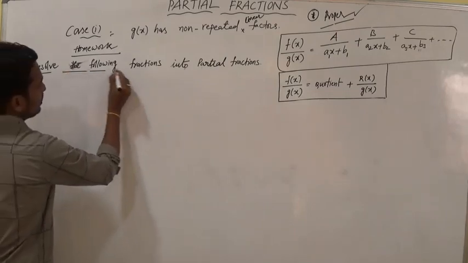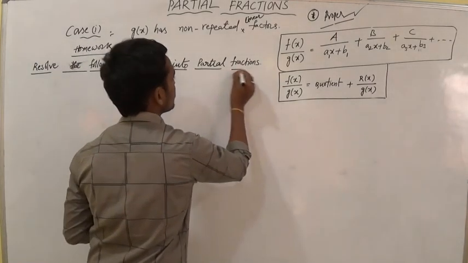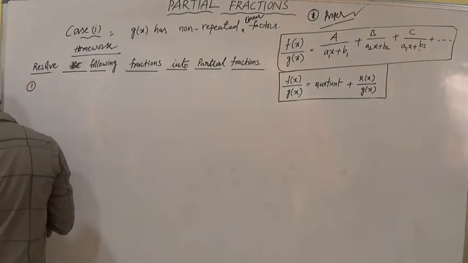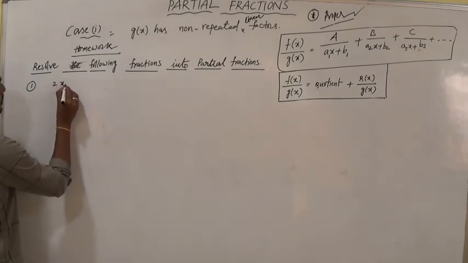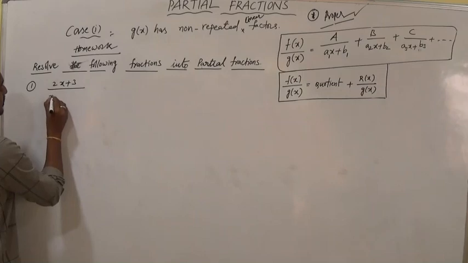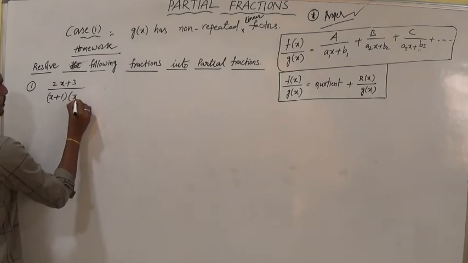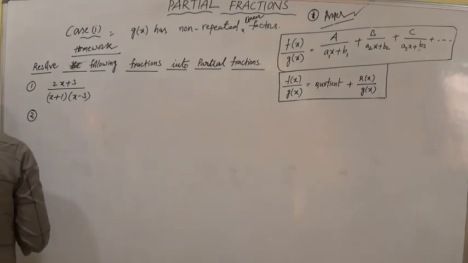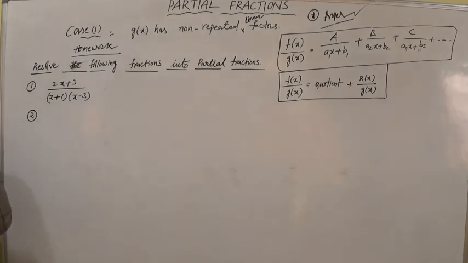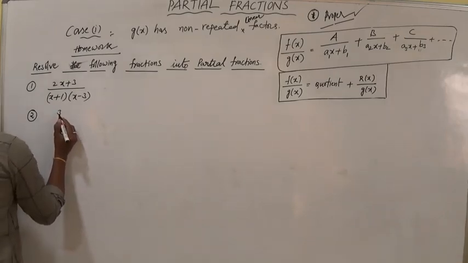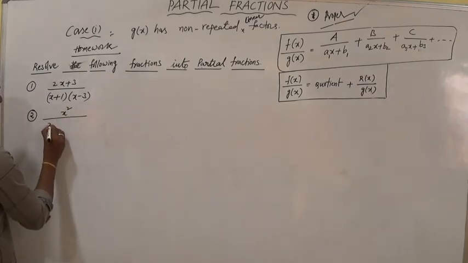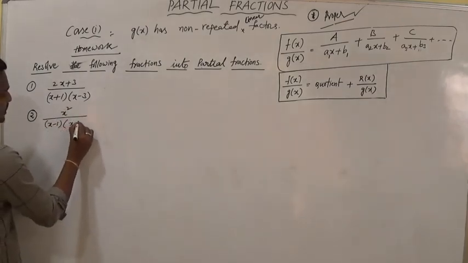The first problem is 2x plus 3 by x plus 1 into x minus 3. Second problem, 3x plus 7 by x square by x minus 1 into x minus 2.